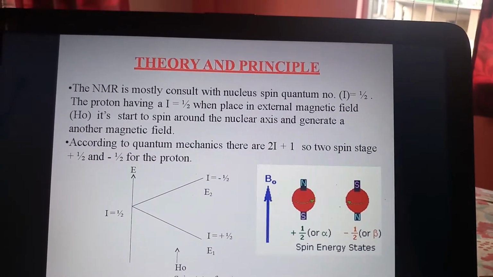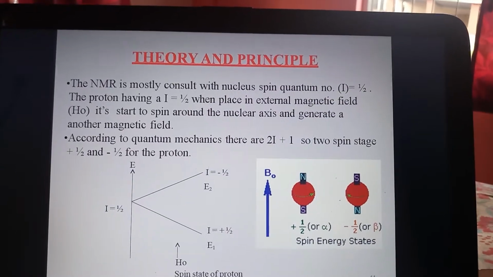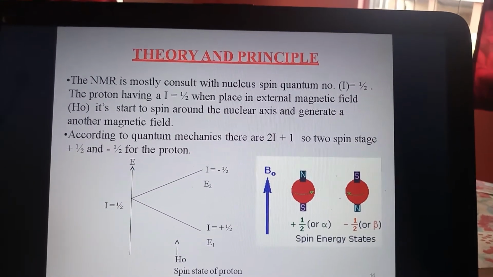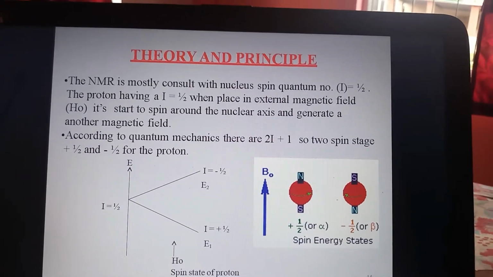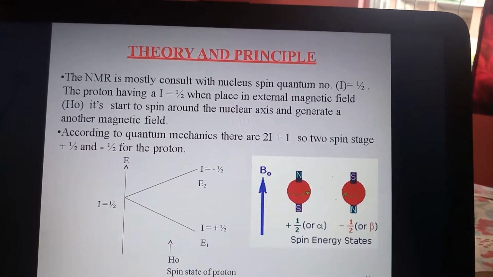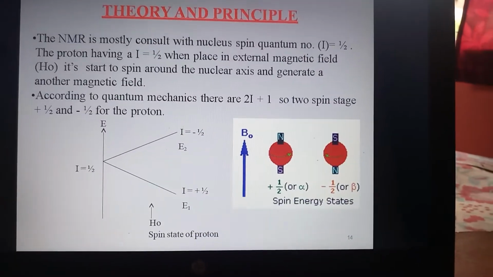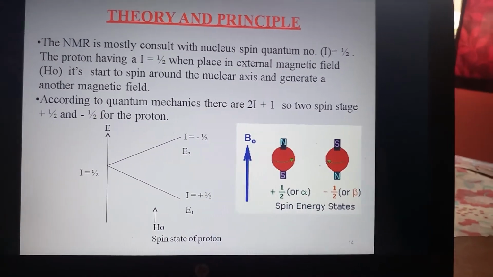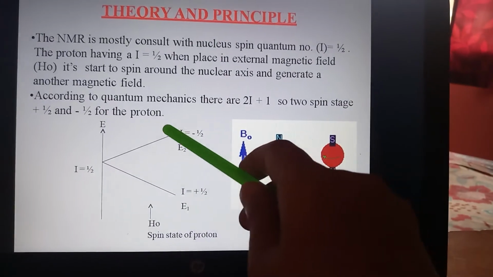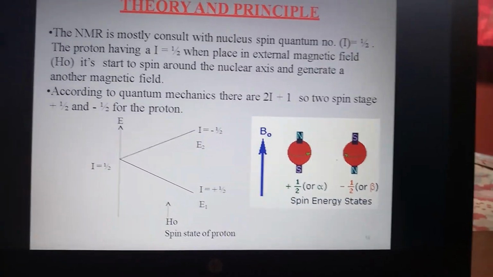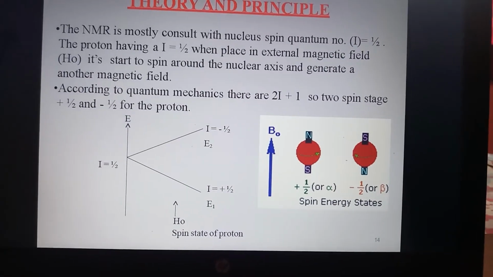As a spinning nucleus is a charged species, it will act as another tiny magnet. According to quantum mechanics, there are 2I plus 1, so 2 spin states, plus half and minus half for the proton, as you have seen from the diagram.